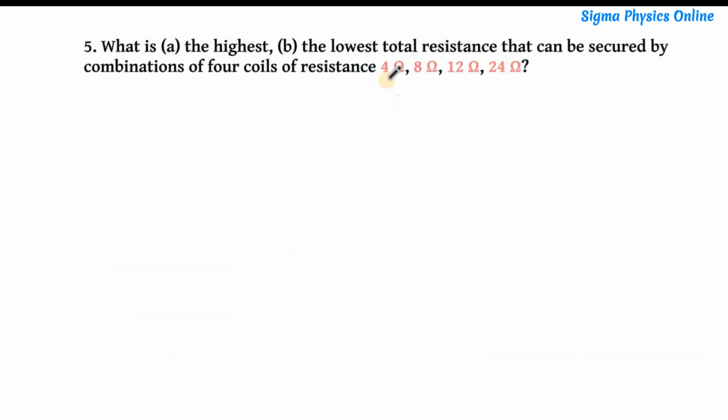In the fifth question, we have four resistances of value 4 ohm, 8 ohm, 12 ohm and 24 ohm. We have to connect them in such a way that the equivalent resistance produced by them will be maximum and the minimum. Now remember children that the highest value of resistance will be achieved by connecting all of them in series.